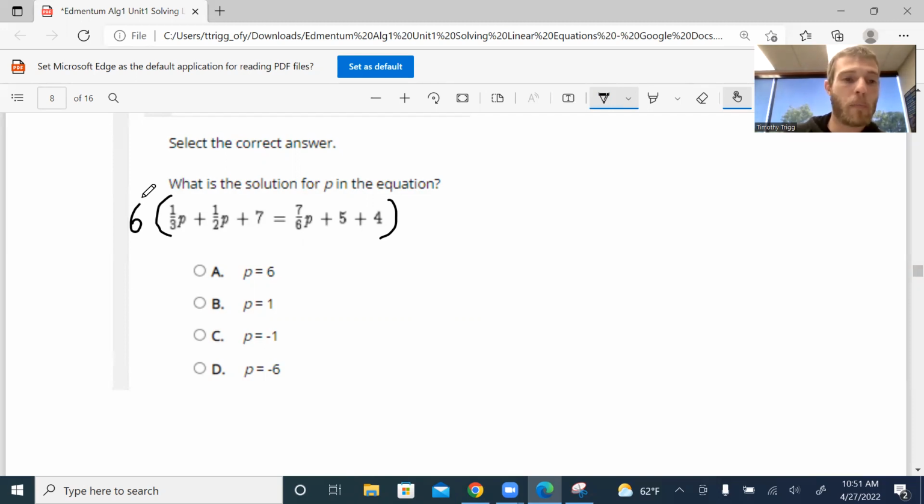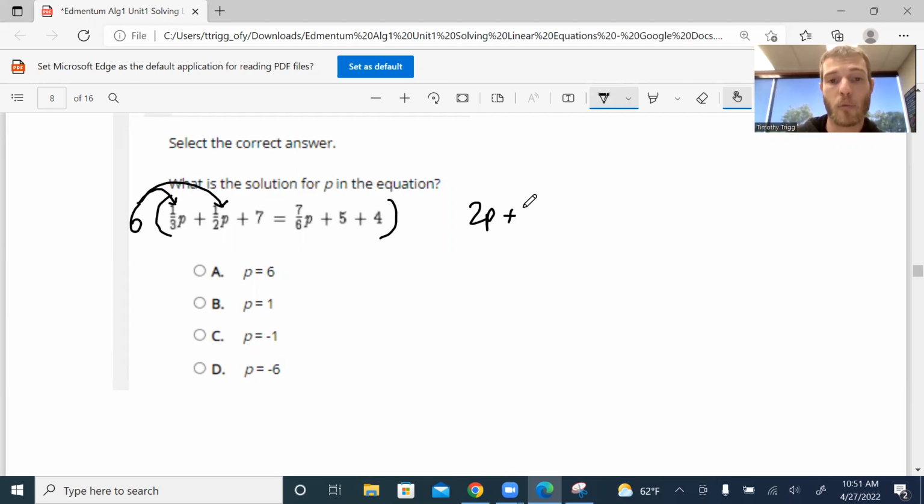So when you multiply by this first term, you multiply by the numerator, divide by the denominator. So 6 times 1 is 6. 6 divided by 3 is 2. So this becomes 2p. Oh yes, much nicer, no fraction. 6 times 1/2 p. So again, 6 times 1 is 6. 6 divided by 2 is 3.